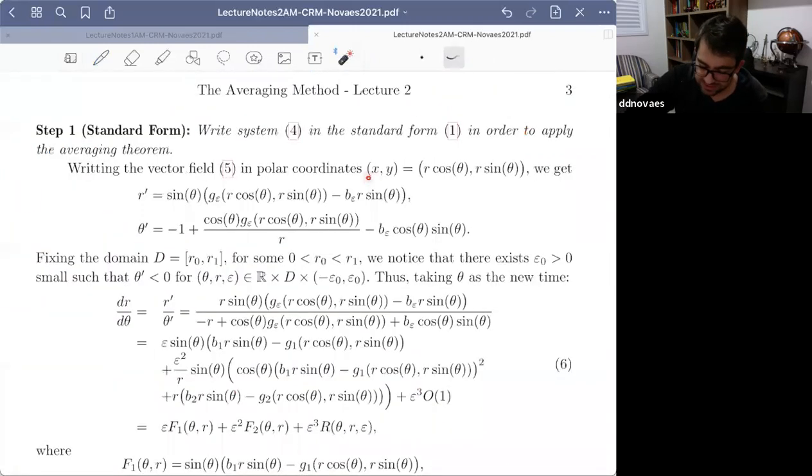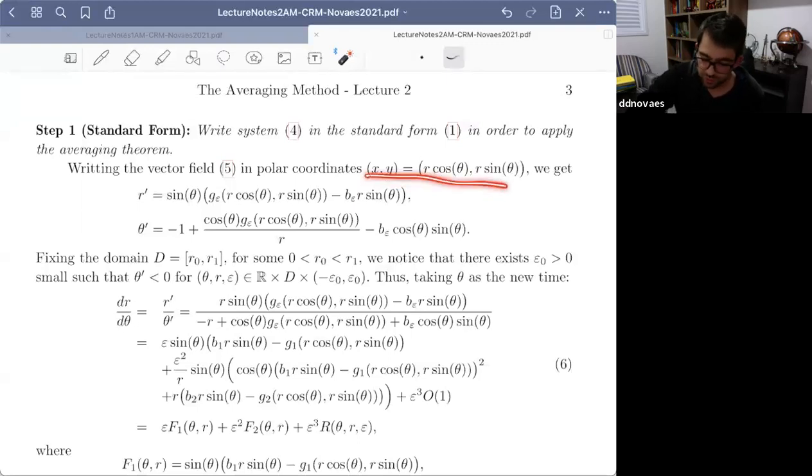So let us consider the polar coordinates. Depending on the unperturbed system that you have, you may apply another kind of transformation. Here, since we are in the linear center, the polar transformation will be enough for us.